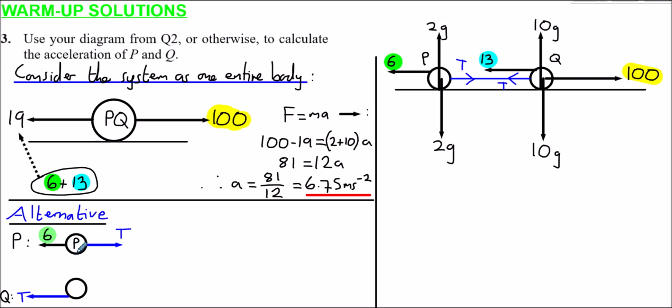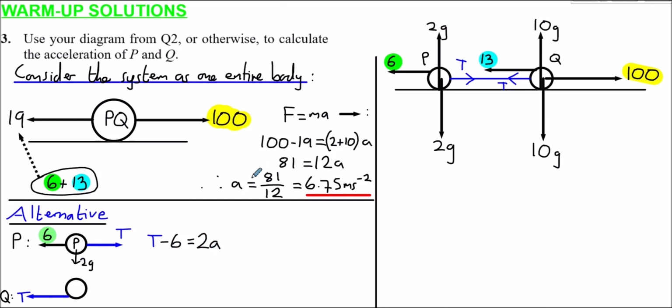It's worth noting that the mass of P is 2 kilograms, so the downward force would be 2g. I'm only writing this in as a reminder that the mass of P is this 2. So F equals ma, applied horizontally for P, gives us T minus 6 equals the mass of P, which is 2, multiplied by the acceleration of the system, which we're still to find out.